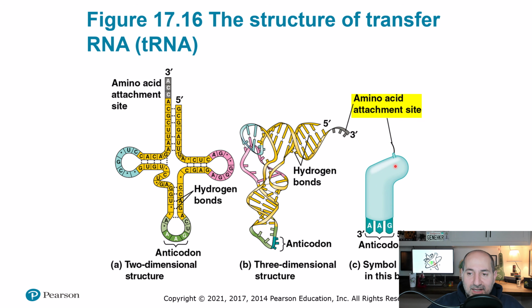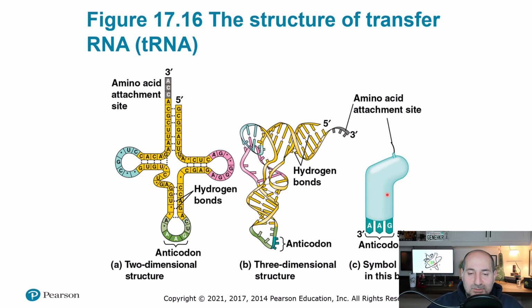These tRNA get loaded up, just like your printer cartridge is loaded with ink. These tRNA molecules get loaded with one amino acid, and that amino acid gets joined to this amino acid attachment site right here on the 3' end of this tRNA. There's an amino acid that gets attached here.